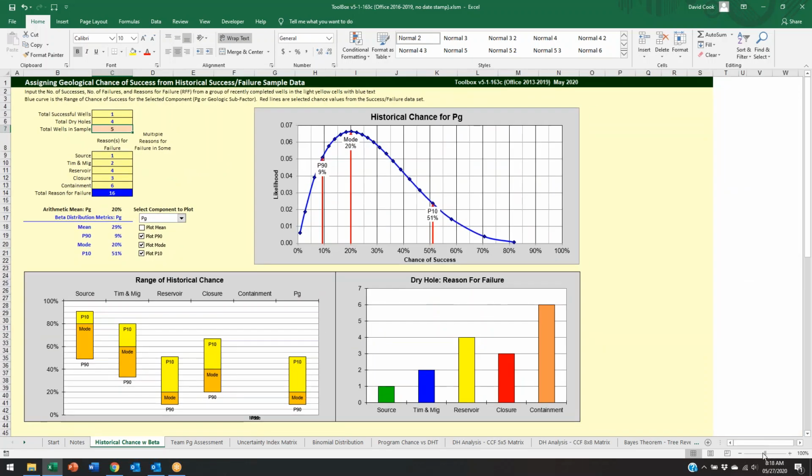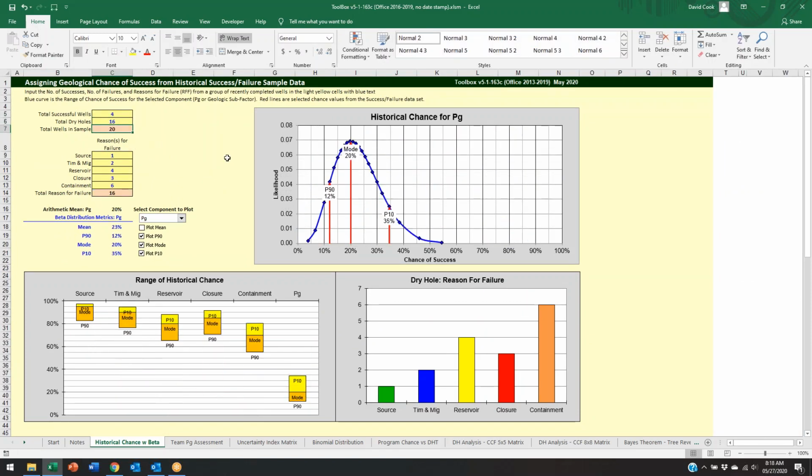Let me zoom back out, and let's go back to the original inputs that I had, the 4 and the 16. The reason why I wanted to go back to those original values is that there is a second function in here which allows you to represent, for these 16 dry holes, if you can identify what was the reason for failure that caused the dry hole.